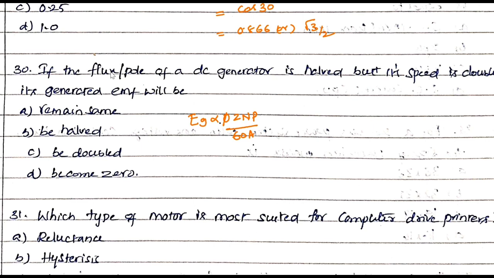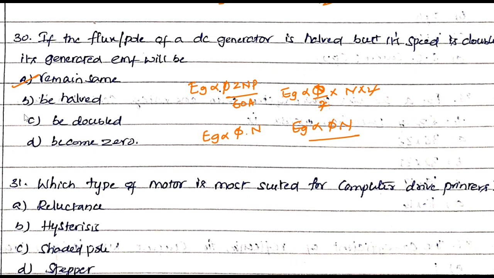In this question, the flux per pole of a DC generator is halved, so Eg is proportional to phi into N. Flux is halved, meaning phi divided by 2, and the speed is doubled, meaning N into 2. They cancel, so Eg remains phi into N only. The new generated EMF will remain the same.